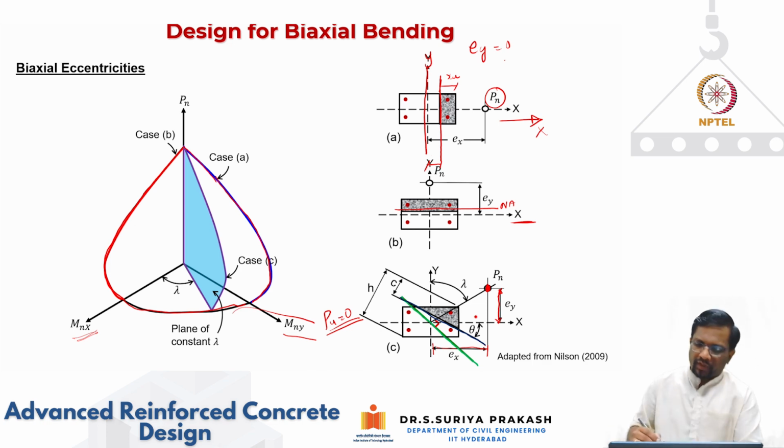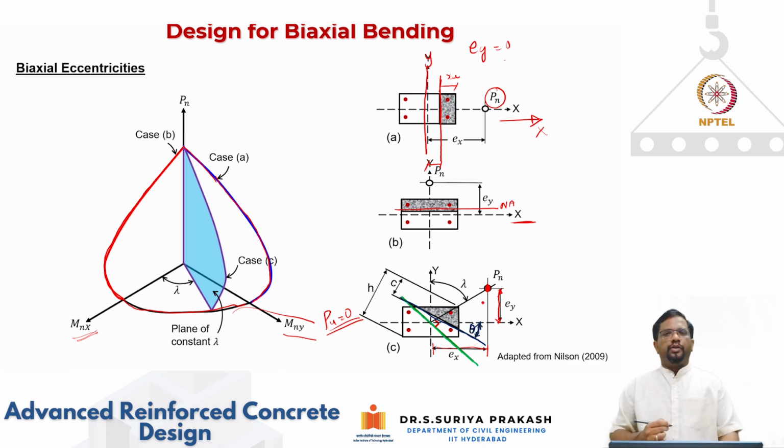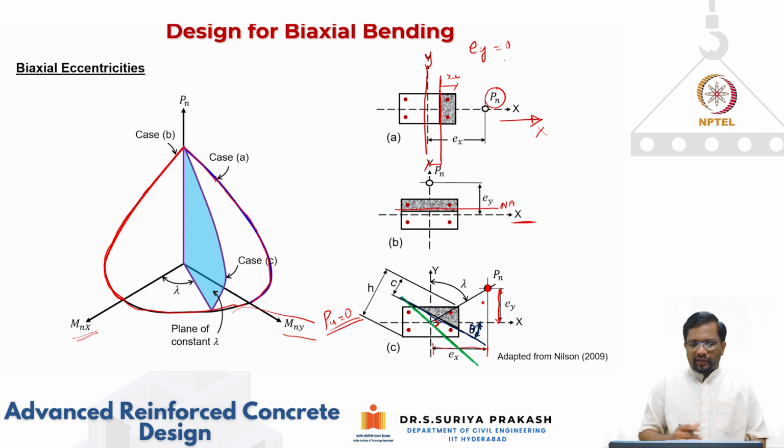We don't know that angle to start with. Let's say with respect to the x-axis, the neutral axis makes an angle theta, but now the neutral axis is not parallel to the axis of bending. So how do I get this axis of bending lambda?